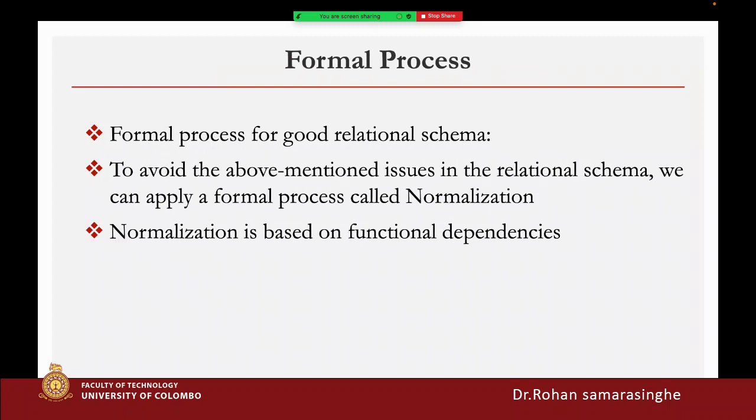Those are the informal processes, and now we will have to understand the formal process. The formal process for a good relational schema: to avoid the above mentioned issues in the relational schema, we can apply the formal process called normalization. Normalization is based on functional dependencies, FD.